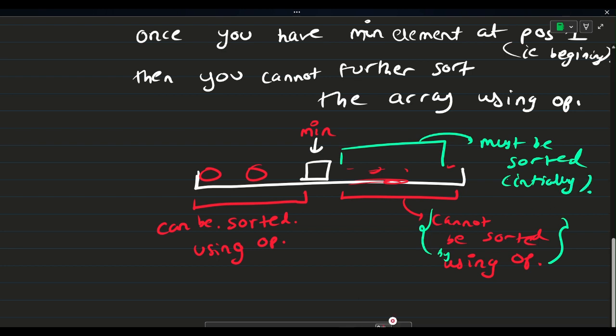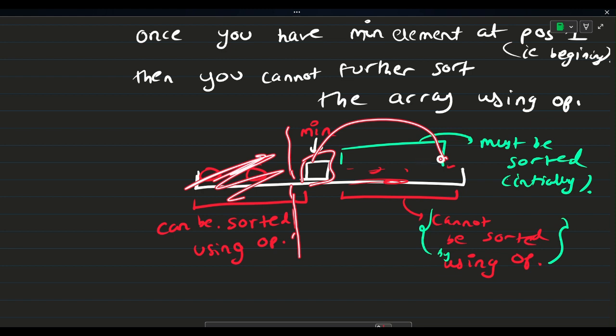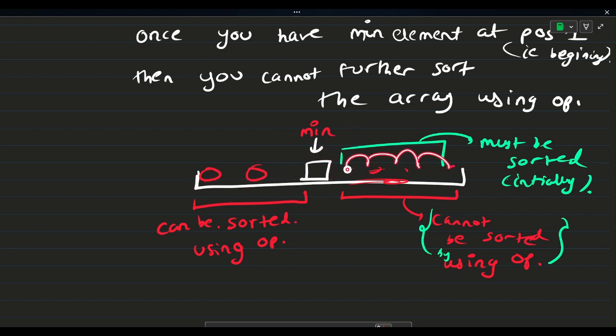Because the minimum element is right here, when you perform the operation, let's say you have done it with this part, and when you apply the operation again here, the minimum would come here and get swapped and swapped again until it becomes position 1.